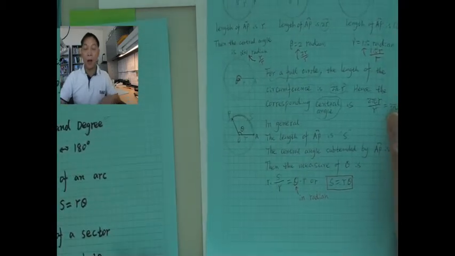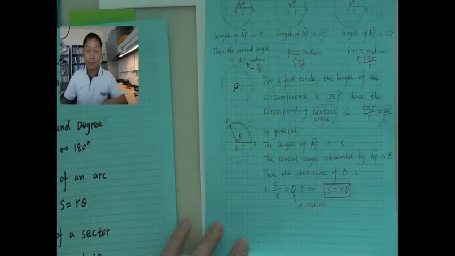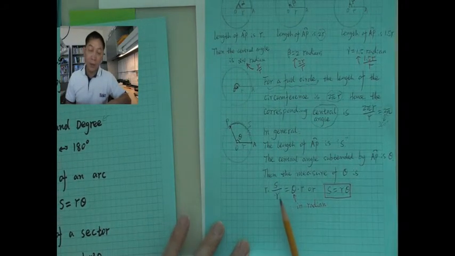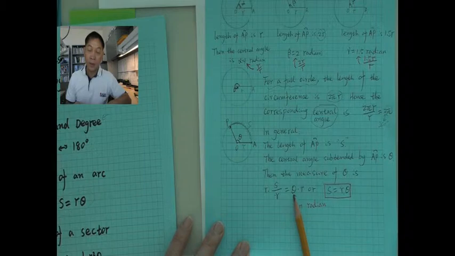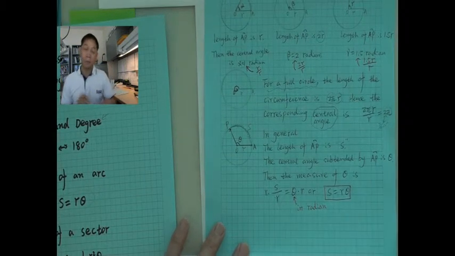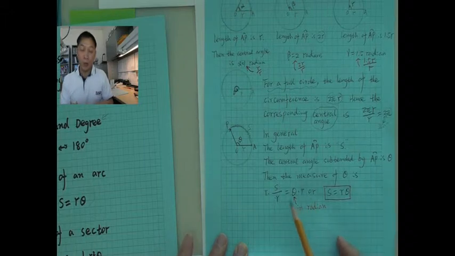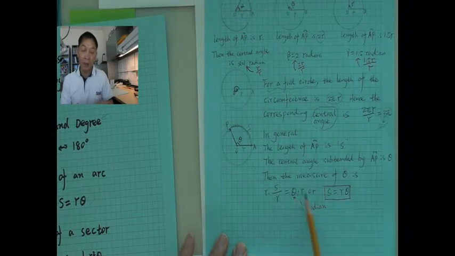Probably you remember, what we did just now was the length of the arc divided by the length of the radius is the amount of angle. And then, you know, take r to the right hand side. By multiplying both sides by r, we get that. So you got to remember this formula.